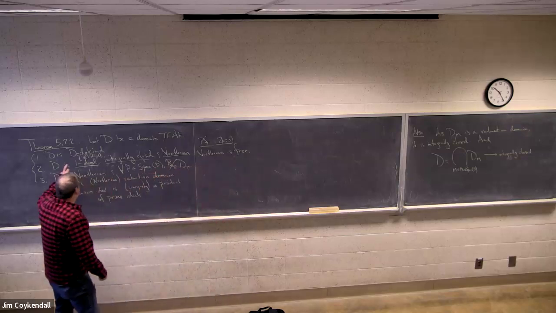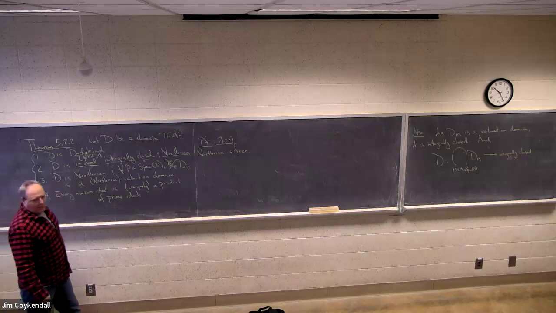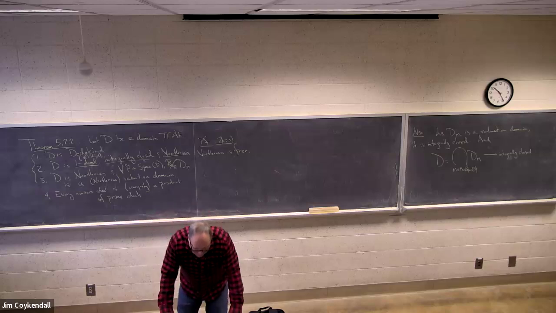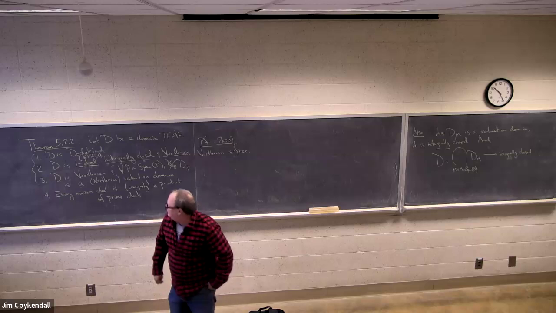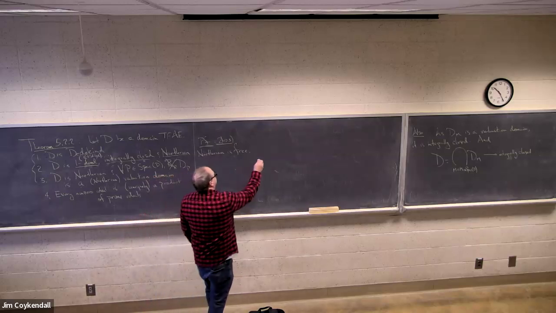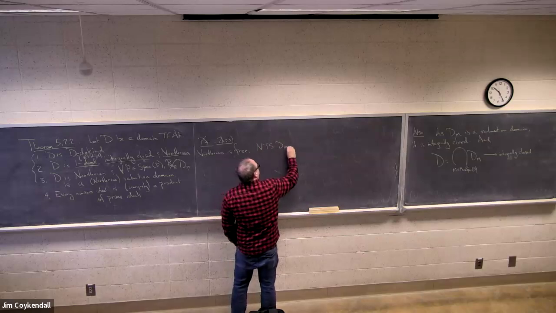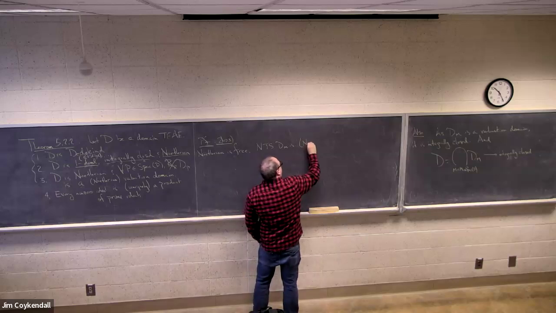Of course, in the implication two implies three, we get the Noetherian property from the theorem. Now, suppose, so we need to show D_M is a valuation domain.